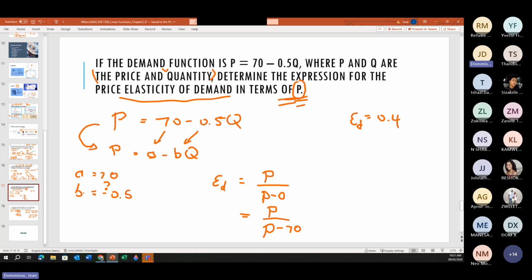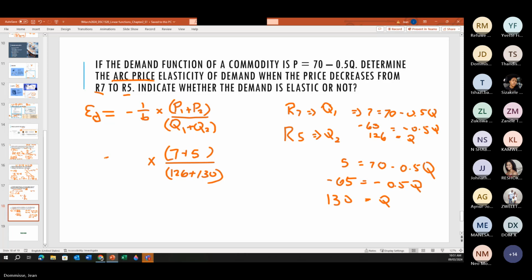In the previous one, we actually saw what B was. And now we can solve that equation.